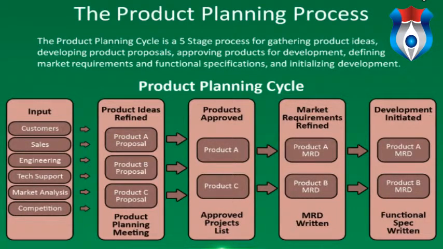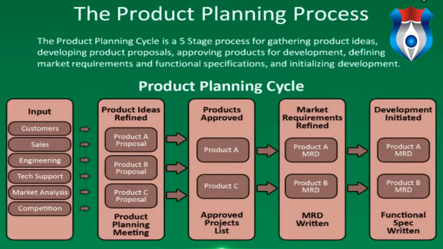The product planning cycle is a 5-stage process for gathering product ideas, developing product proposals, approving products for development, defining market requirements and functional specifications, and initializing development. In any given company, these steps may be condensed or combined.